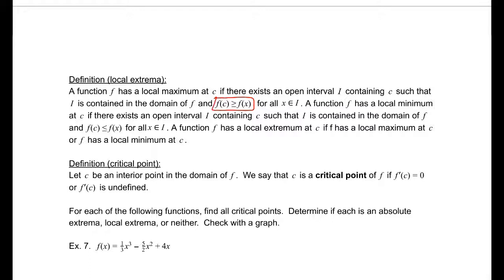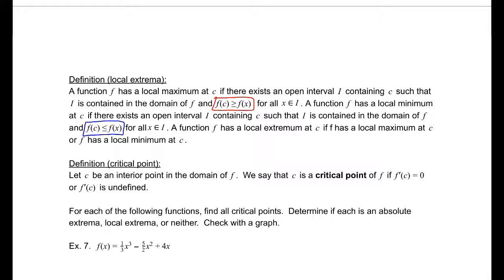Similarly, if we have a point c such that f of c is less than or equal to f of x for all x in that region, if it is the smallest, less than everything in the area, then that is a local minimum.